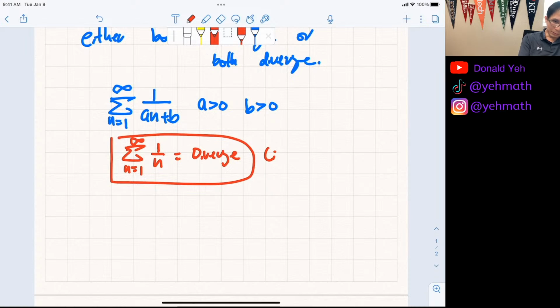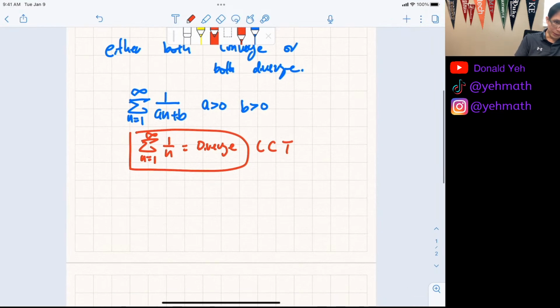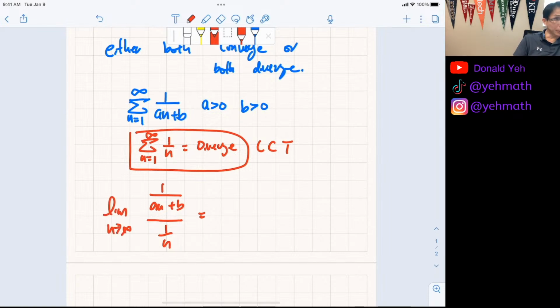So what is limit comparison? LCT, limit comparison test. What we're comparing with is the original function. We put 1 over an plus b over 1 over n, and if as n approaches infinity it goes to a positive value, then both diverge.